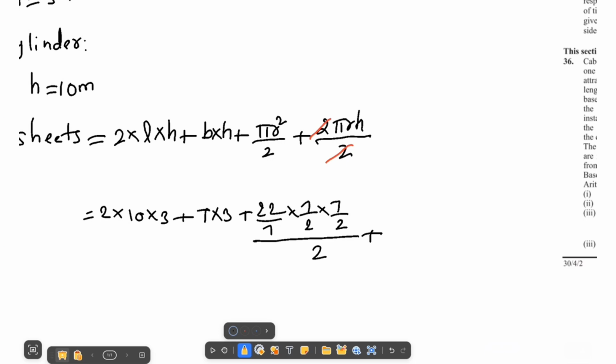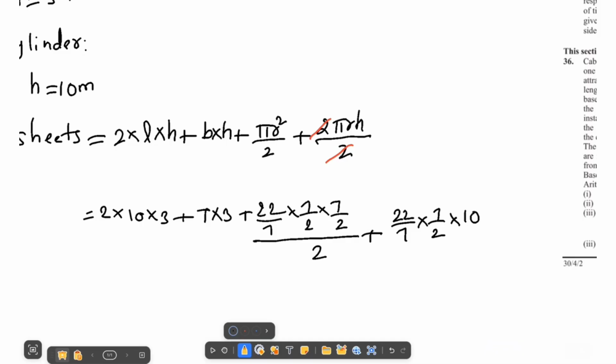So pi value 22 by 7, r value 7 by 2, and h value is the height of the cylinder, which is 10.